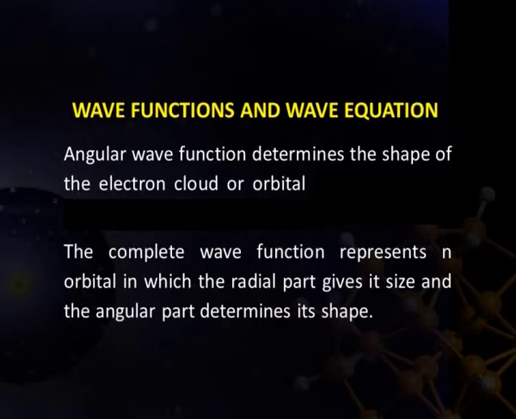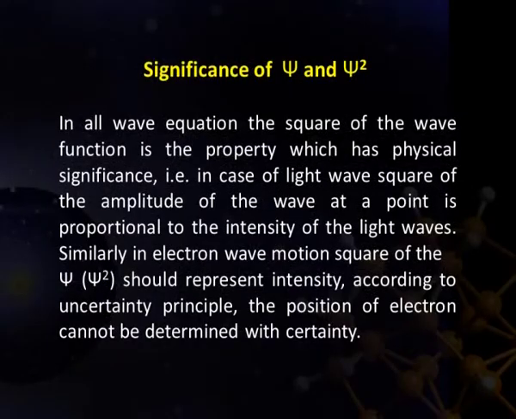The complete wave function represents an orbital in which the radial part gives its size and angular part determines its shape. In all wave equations, the square of the wave function is the property which has physical significance. That is, in case of light wave, square of the amplitude of the wave at a point is proportional to the intensity of the light wave.